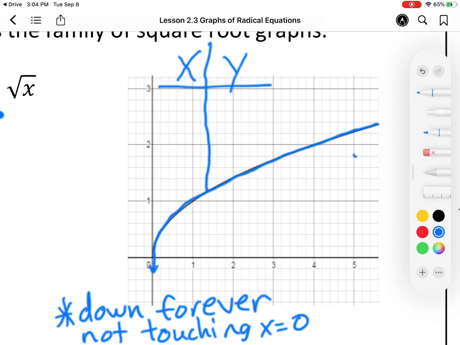And every single time I'm going to use these same 5 x values for a parent function. So it's going to be negative 1, 0, 1, 4, and 9. Every single time.